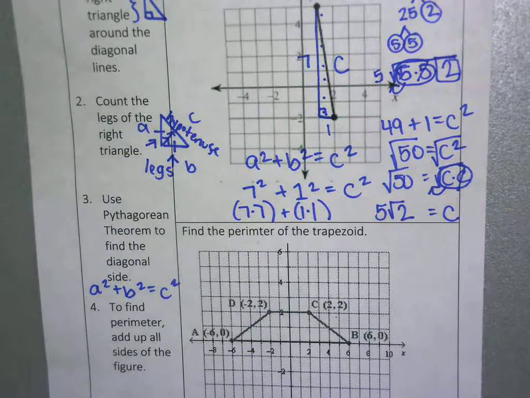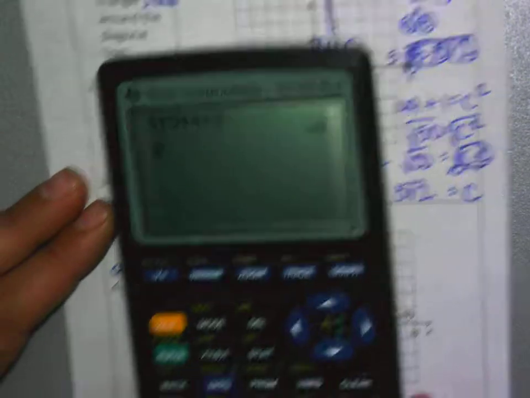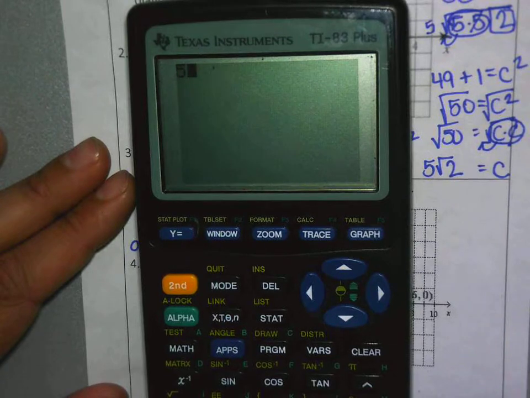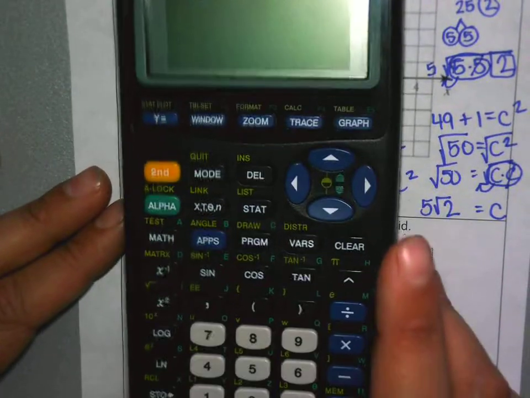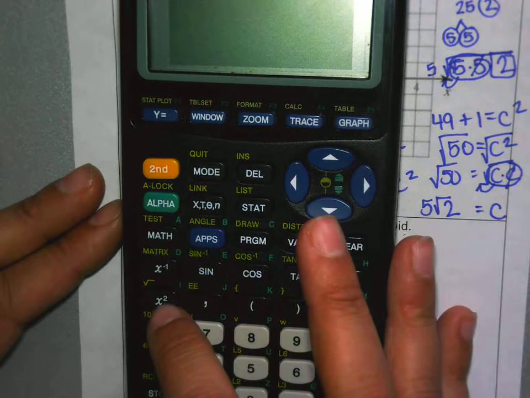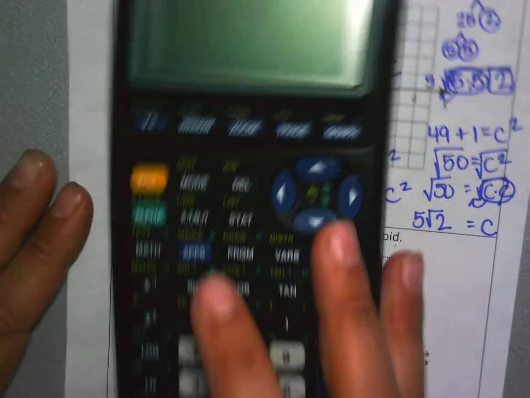If I put this in my calculator, I would do so by first selecting 5, then square root can be found by clicking on 2nd and then clicking on x squared, because above x squared is the square root sign.